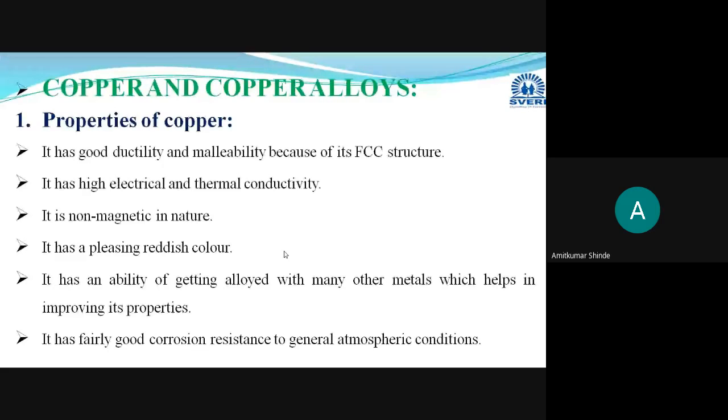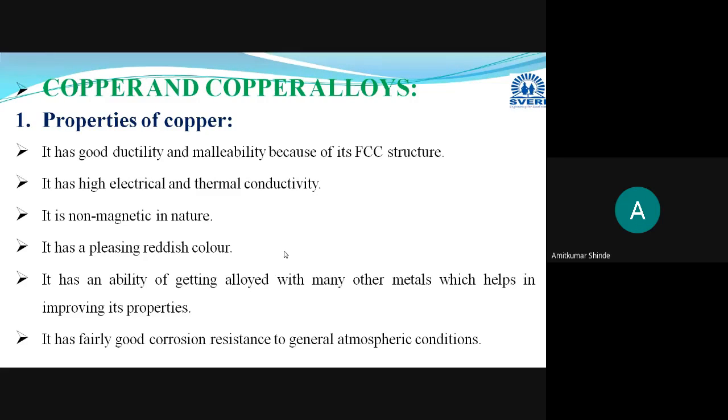Generally metallic materials, that we have discussed in the first chapter, are classified in two types, that is ferrous materials and non-ferrous materials. Ferrous materials means materials which have iron as their base element or parent element, and if the material has other than iron as a base element, it may be copper, it may be aluminum, like that, it will be considered as non-ferrous alloys.